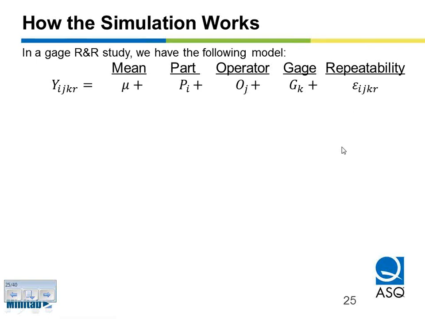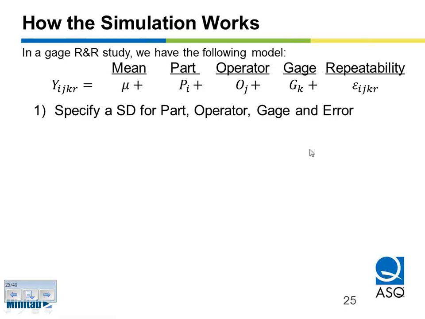So once again, our goal is just four components: sigma part, sigma operator, sigma gauge, and then sigma repeatability or within gauge variation. The way the simulation works is that just as all simulations work, we're going to implement a known level of variation for each of our four components. In other words, we get to set the computer program, we get to dial in what standard deviation we're going to use for all four of those variation contributions.